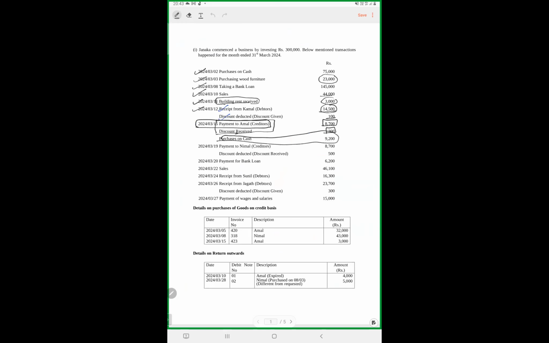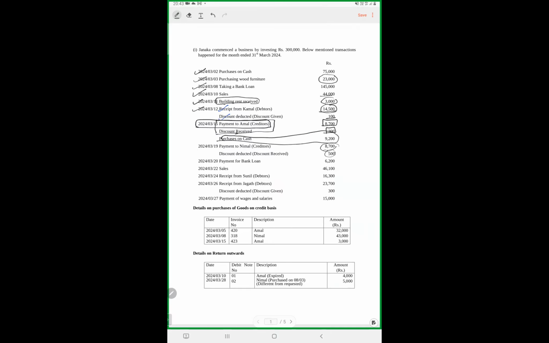Next one. So we are paying to Nimal. How much? 8,700. When we are paying the amount, we are receiving the discount 500. So the same thing we need to do like we did earlier, right? Cash payment journal, we need to adjust this as we are paying the amount.